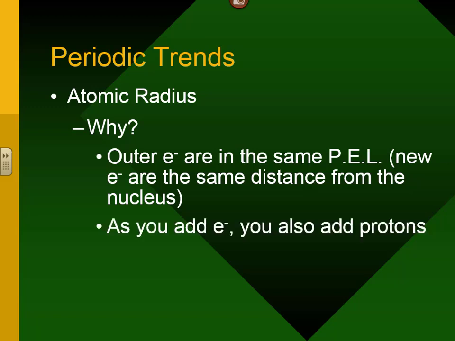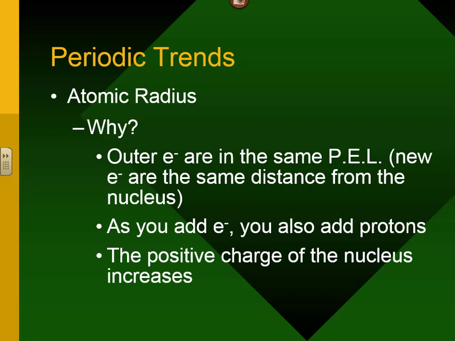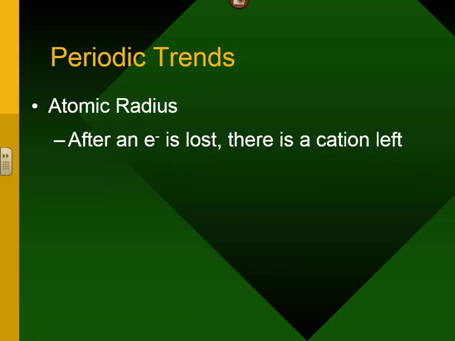As you add electrons, you also add protons. Every time you add an electron, you also add a proton, stepping across the periodic table from left to right. As you add protons, the positive charge of the nucleus increases. The nucleus gets stronger. So the end result is that the electrons get pulled in a little bit closer. If the electrons get pulled in closer, then the size of the atom shrinks.